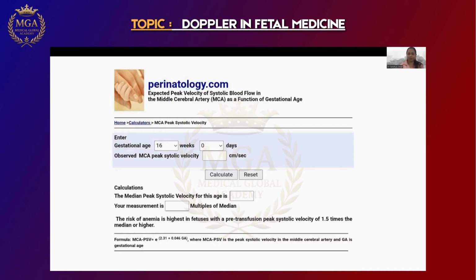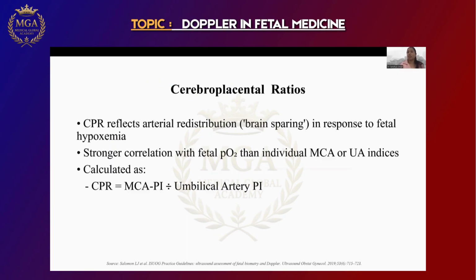Pretty simple. Now, just now I used a term called CPR, that is Cerebroplacental Ratio. This is a ratio of MCA, middle cerebral artery PI, and umbilical artery PI. Basically, this is one marker where we are combining both how the baby is coping and how the supply is.